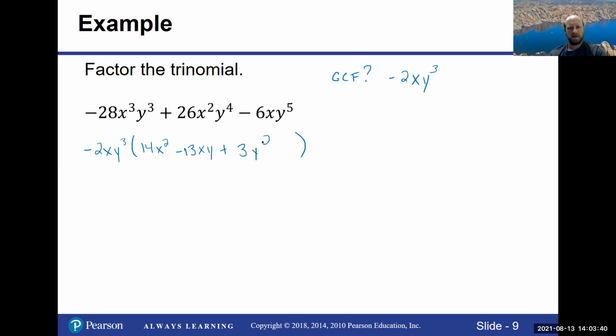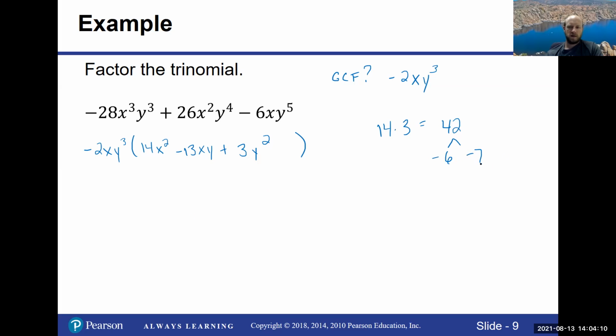Okay. Now I'm going to leave this alone, and I have a trinomial that has a leading coefficient this time other than 1. So it's 14. So I take 14 times 3. What is that? 42. And then I need factors of 42 that add to -13. Well, what are some factors of 42? Well, I know 6 and 7.